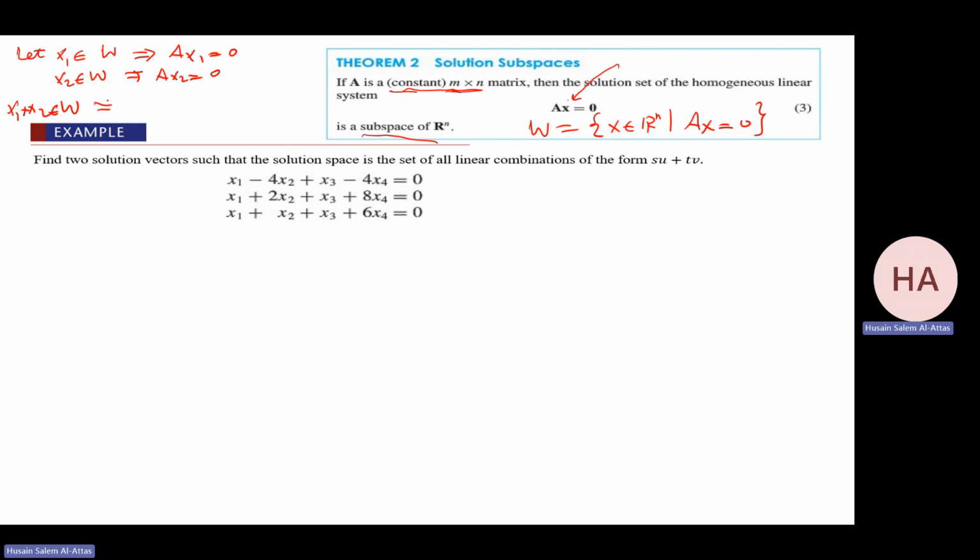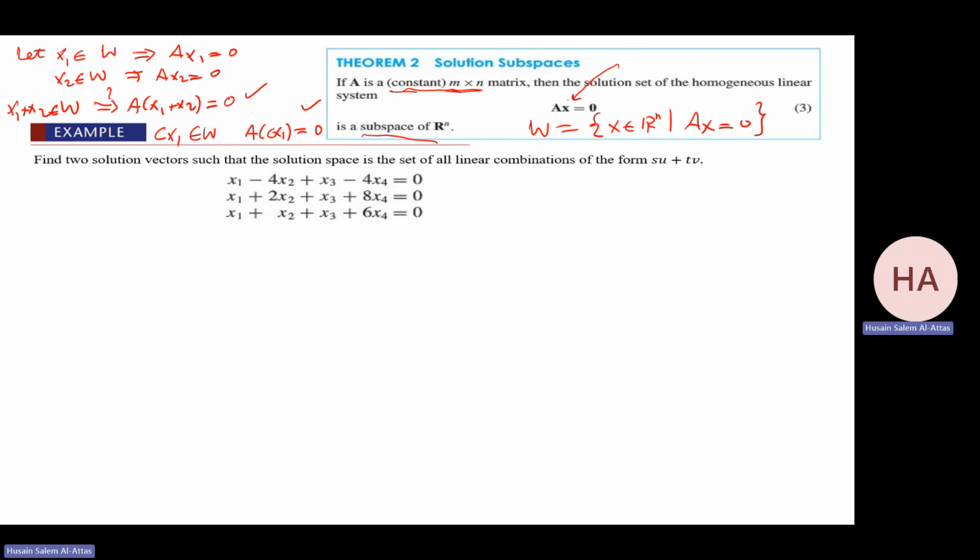It means I need to check A(x1 plus x2) is equal to 0, and that is true, very clear, because it will be Ax1 plus Ax2. And the same thing for cx1 belongs to W. Since I have A(cx1), I can take the c outside, so this will be 0. So this is actually what the theorem says: the solution set of the homogeneous linear system is a subspace.